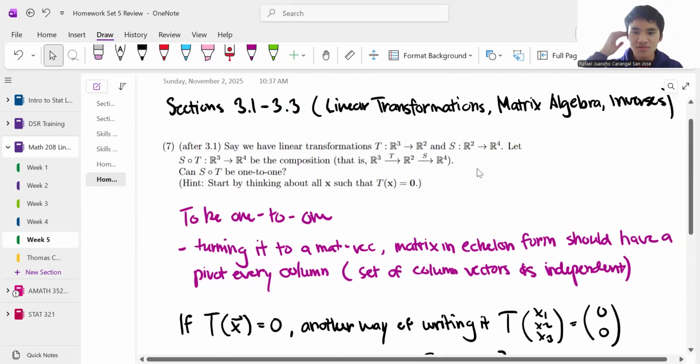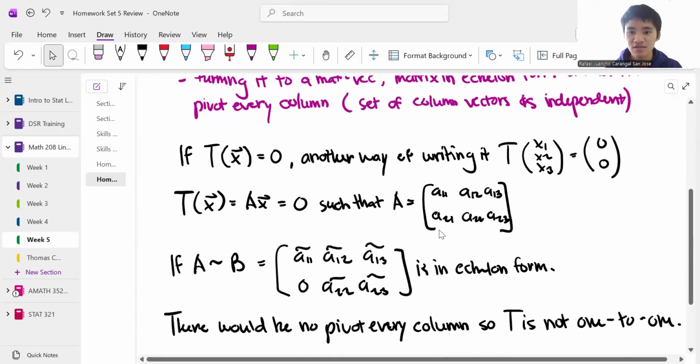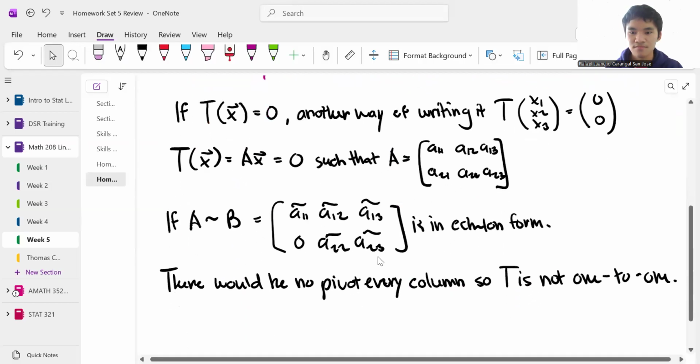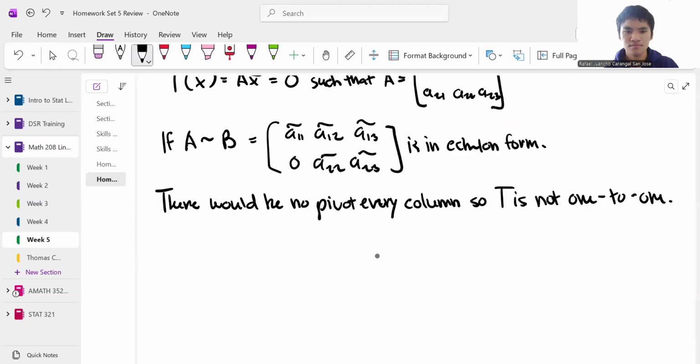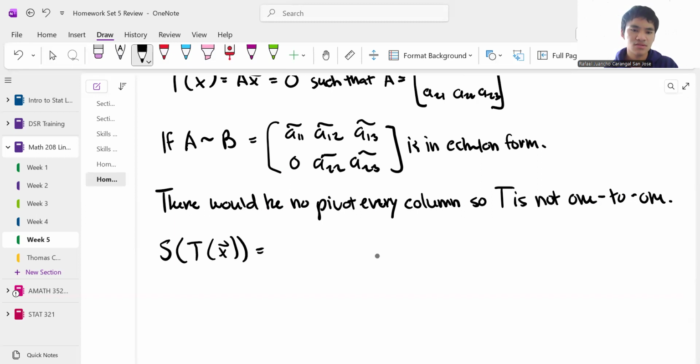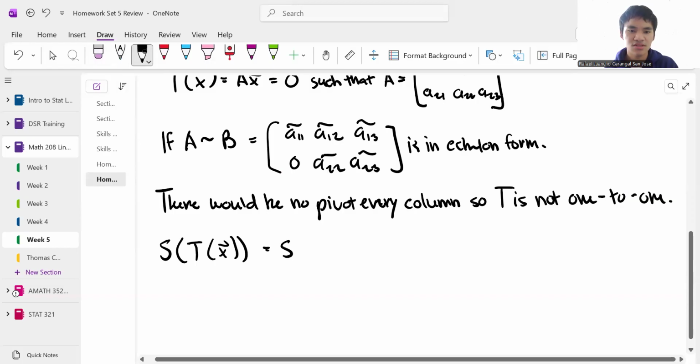Oh no, S goes from R2 to R4. So S of T of X is equal to S of 0.